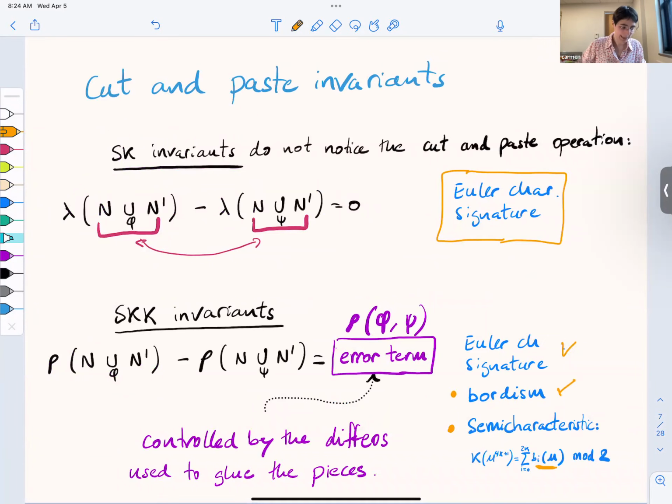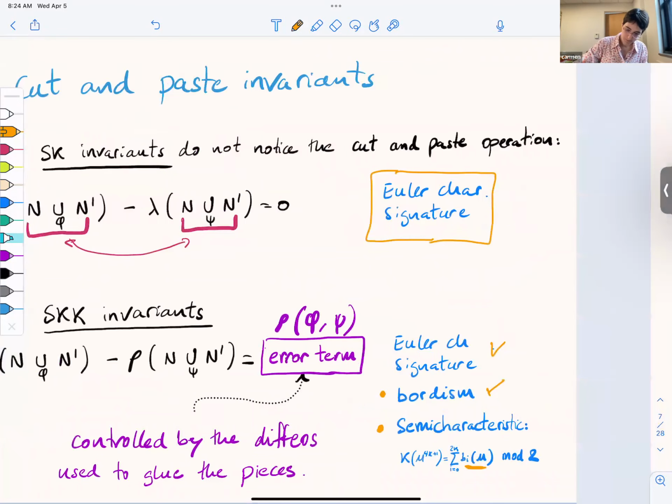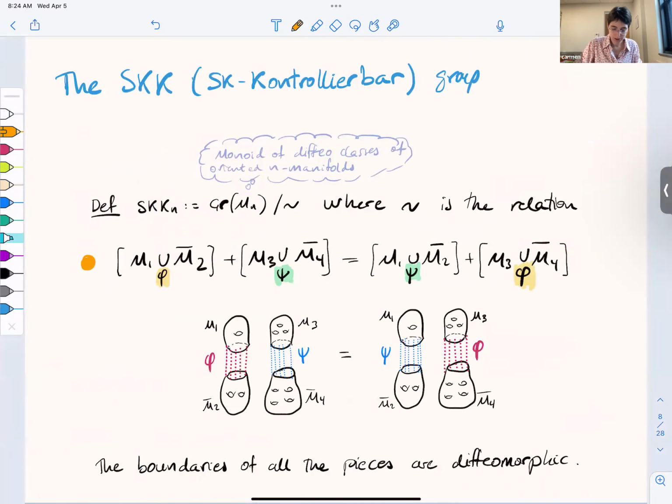We also have an SKK group. The definition is, again, you have your monoid of diffeomorphism classes of manifolds, take your Grothendieck group, and now you're modding out by a slightly more complicated relation. It is in the same flavor as the SK relation, but it's a little longer to express.